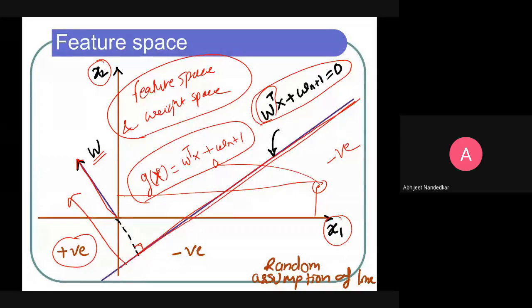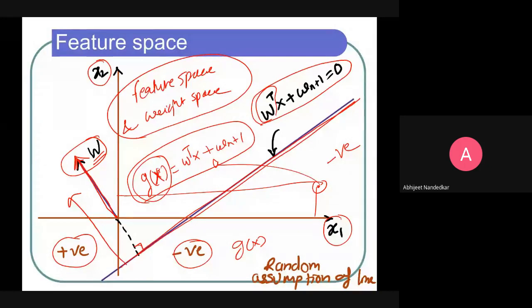In short, if you follow the direction of W, g of x is positive, and if you are on the opposite side, it is negative.